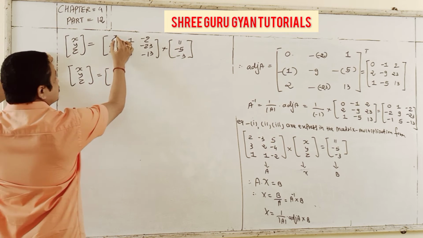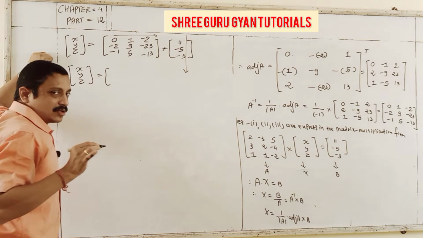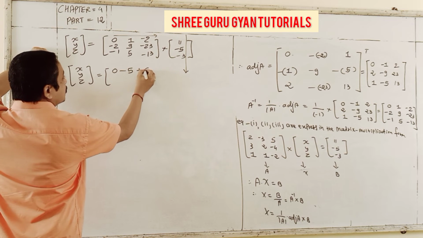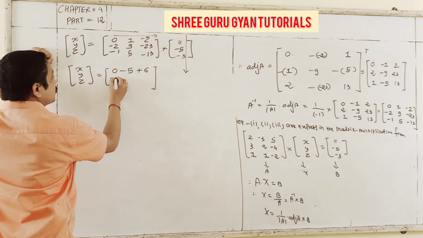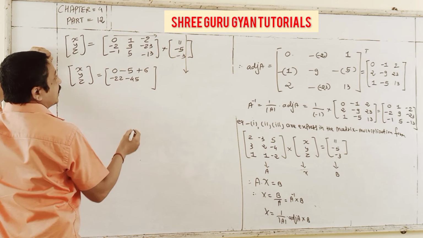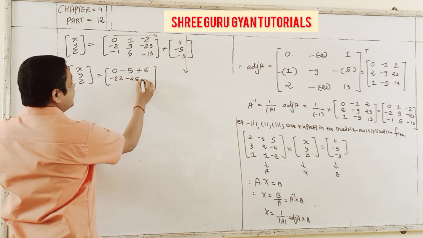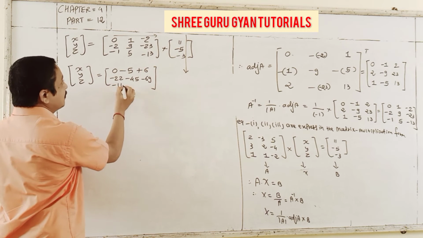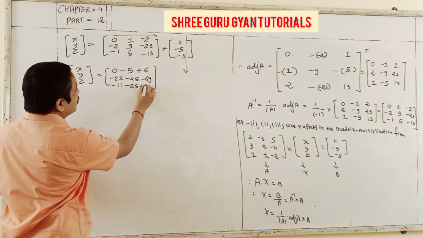Here, students, row wise with column entry, simple multiply: 0 into 11 is 0, minus 5 plus 6. Now 11 times 2 is minus 22, minus 45, and 23 times 3 is 69, and last 11 times 1 is minus 11, minus 25 plus 39.